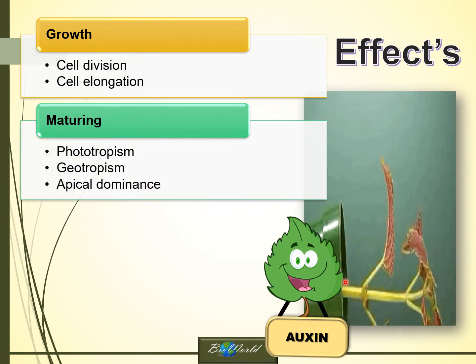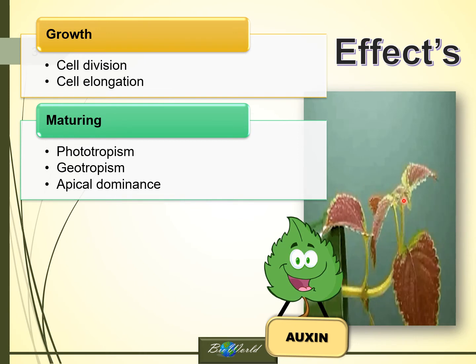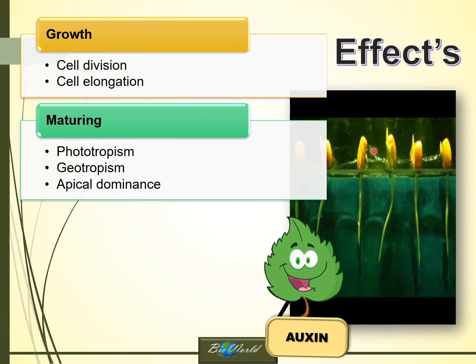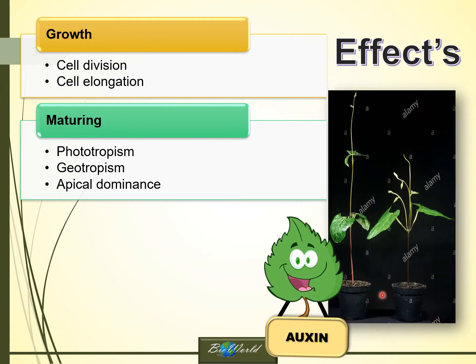That is phototropism, growth of the plant towards the sun. Then we have geotropism, that is growth of the root downwards towards gravity. And the third thing is called apical dominance. That is when one shoot grows taller than all the other shoots.